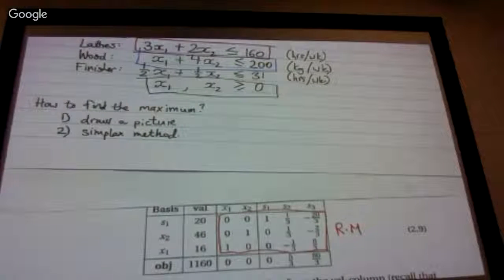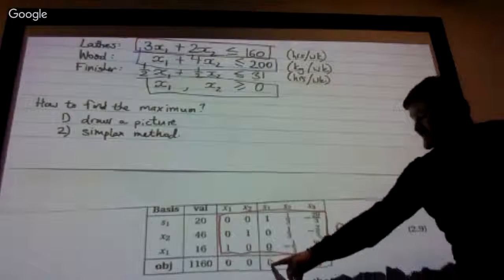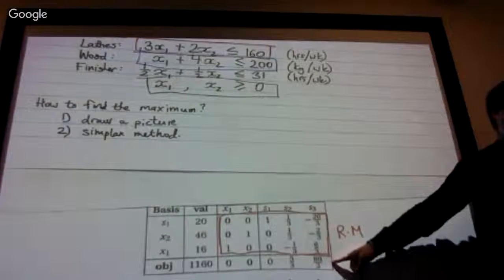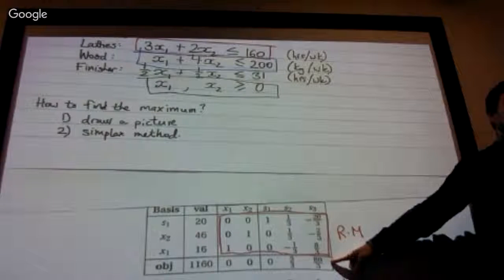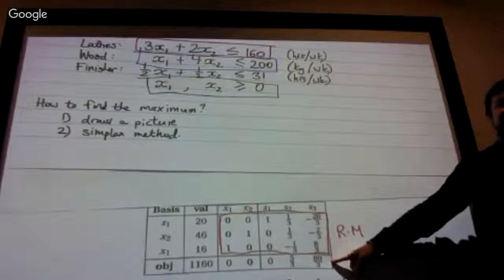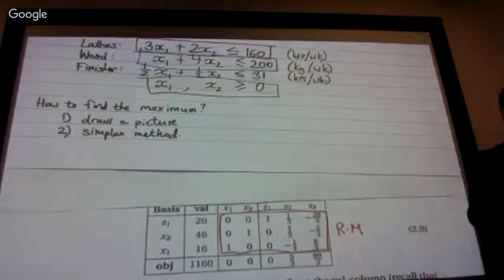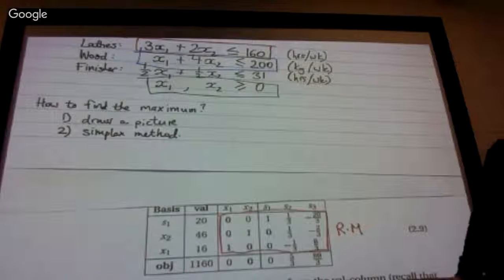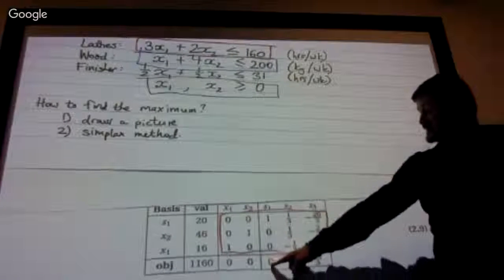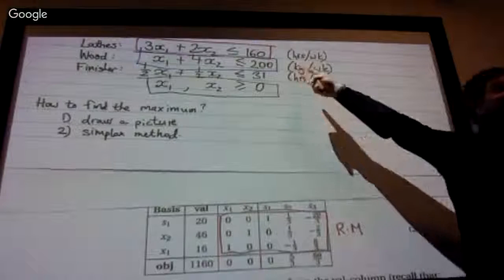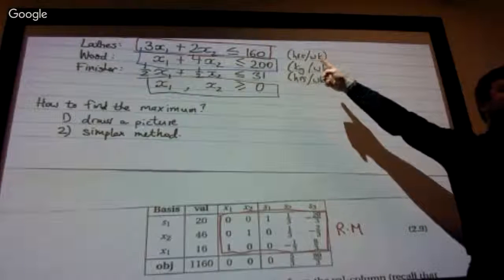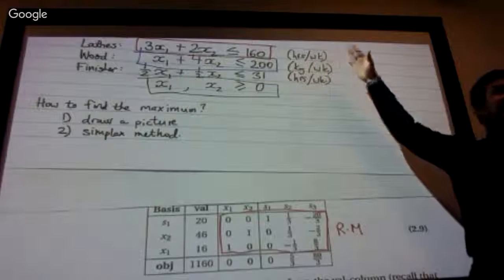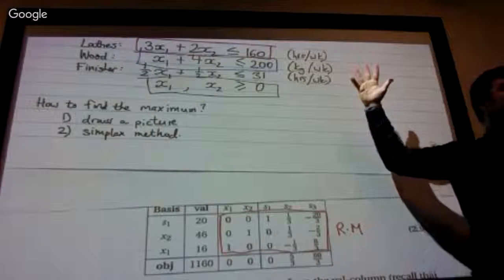So now we know that these numbers give us the optimal solution to the dual problem, which we proved in the strong duality theorem as a byproduct. So what does this mean? This is zero, so the lathes are not contributing anything. If we add more lathes, the profit is not going to change at all.